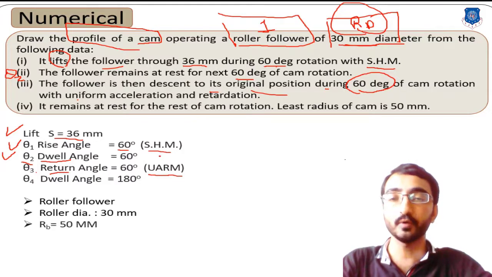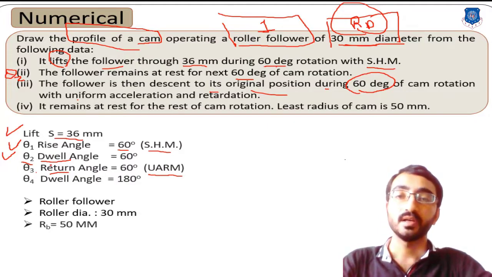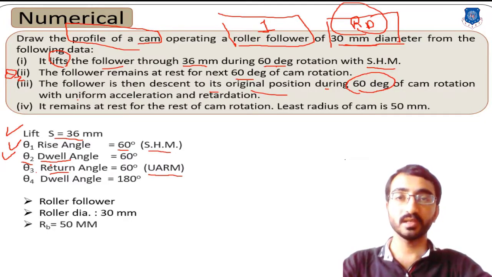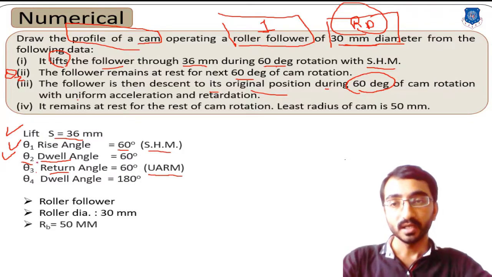Be careful: in the previous numerical, the type of motion during rise and return was the same, but it may be possible that in some numericals they will give a different type of motion for the rise as well as for the return. So there may be a change in the type of motion while rise and return are taking place.